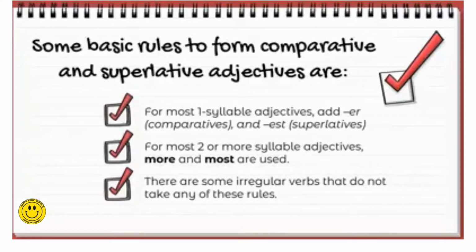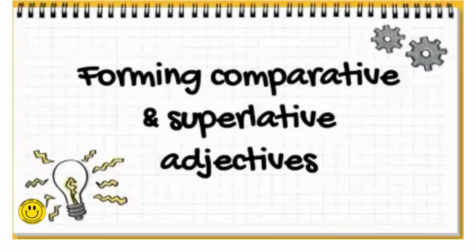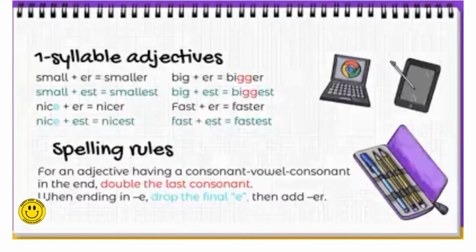There are some irregular adjectives that do not take any of these rules, but I am going to mention them at the end of this presentation. All right, don't worry, we're going to see all this in detail right now, okay?